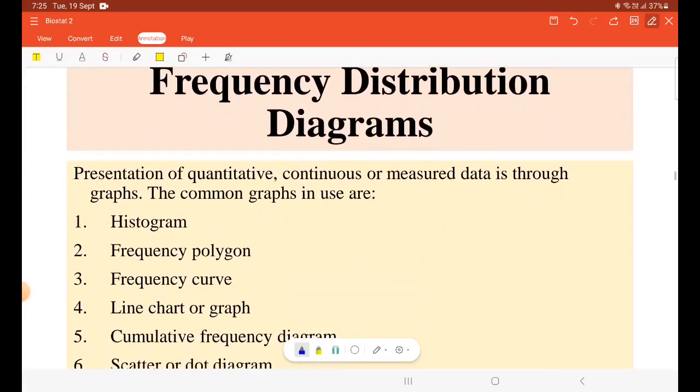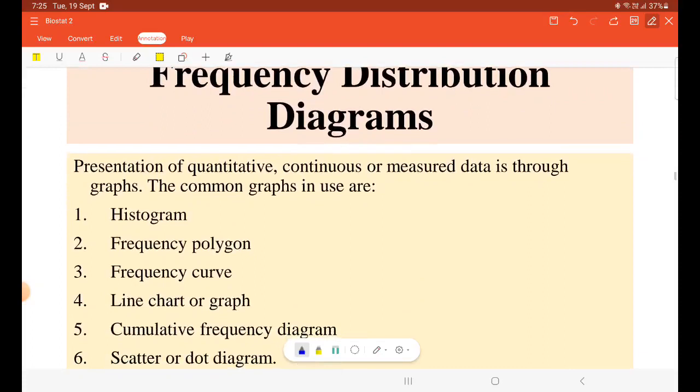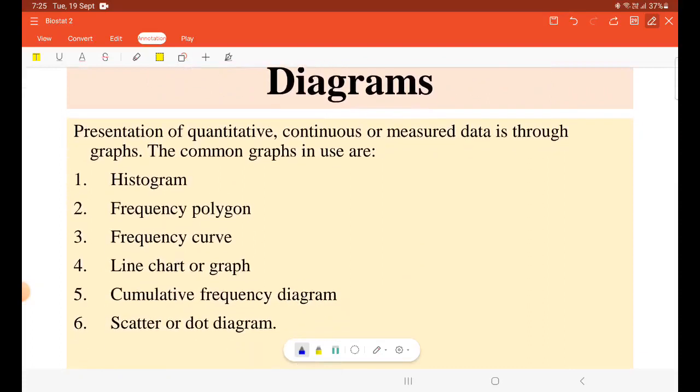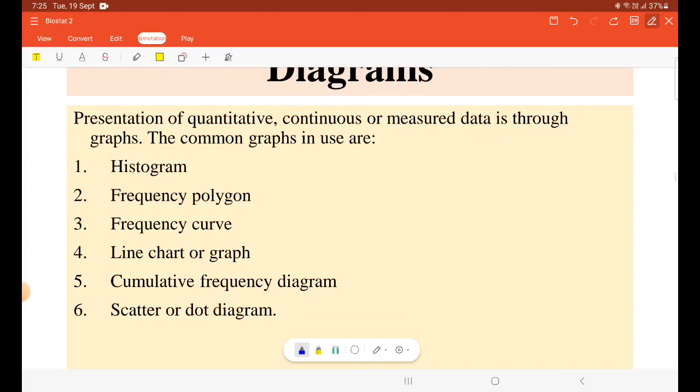Now frequency distribution diagrams. Presentation of quantitative, continuous or measured data is through graphs. Various graphs we can use. So we have to understand which graph is which one, so that in an image based question also one particular graph can be given.